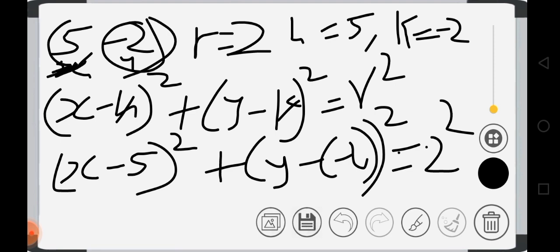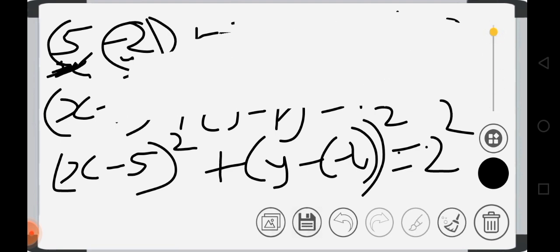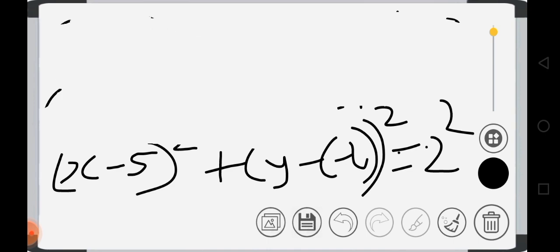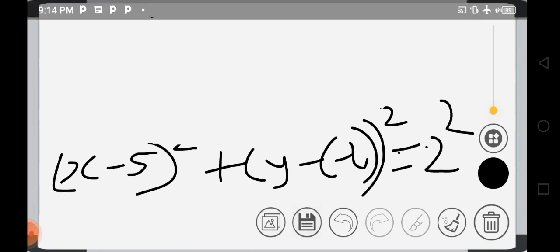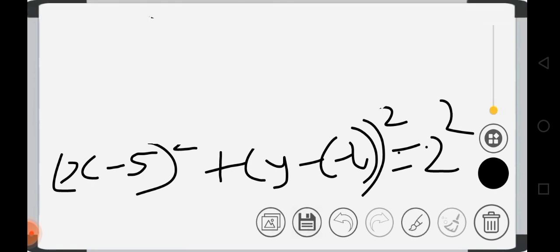So with this now we're going to have something of this nature. Let me clean this part. First of all, open this bracket, squared like this.